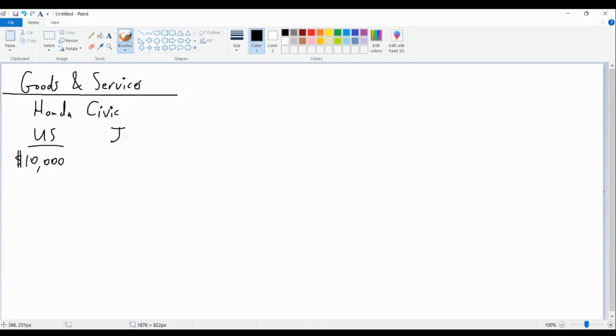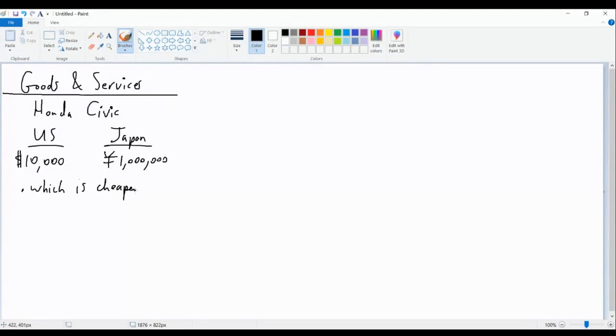On the other hand, the cost of the same Honda Civic in Japan is, let's say, 1 million yen. Which one is cheaper? The answer is impossible to tell, right? You could not tell which one is cheaper unless you also knew the exchange rates.